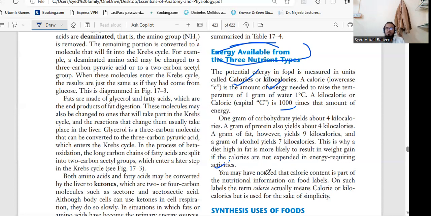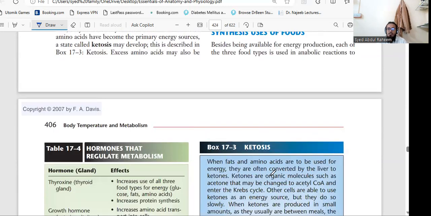So that much energy is required to utilize that energy. That's the reason if you are not utilizing that energy, what will happen? You will gain weight.